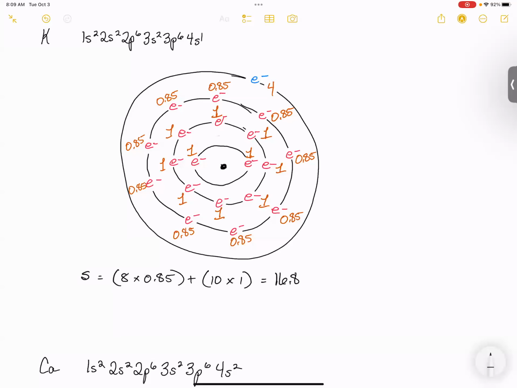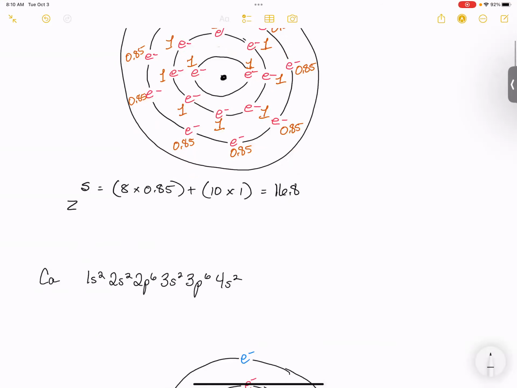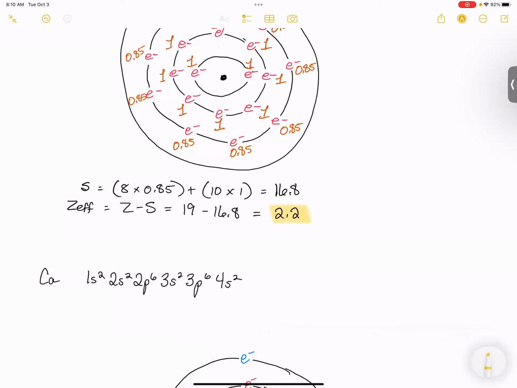Now, potassium, to get to the Z effective, that is Z minus S, where Z is the atomic number. Potassium is element number 19. So 19 minus 16.8 is going to be 2.2. So this is our Z effective for potassium.